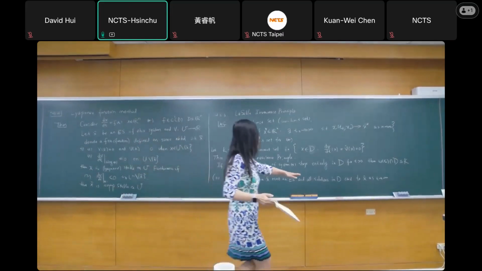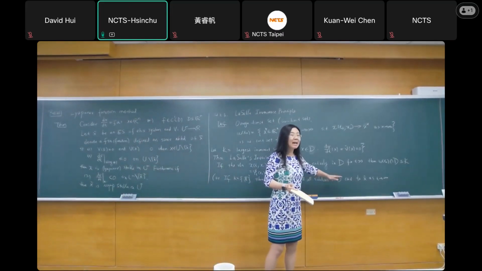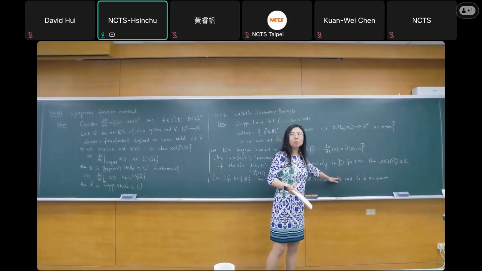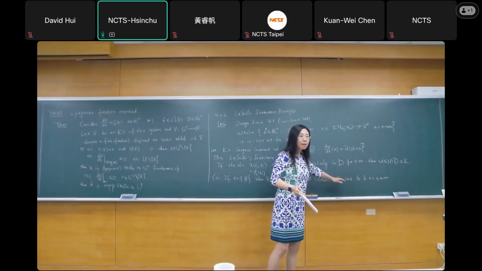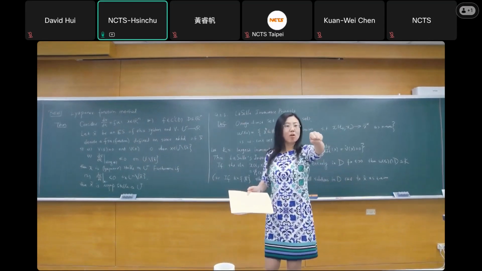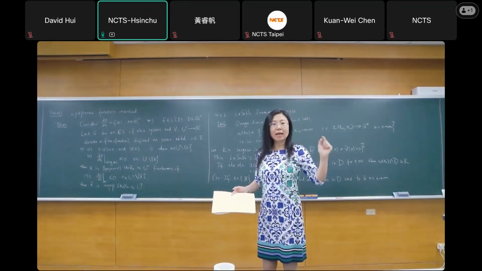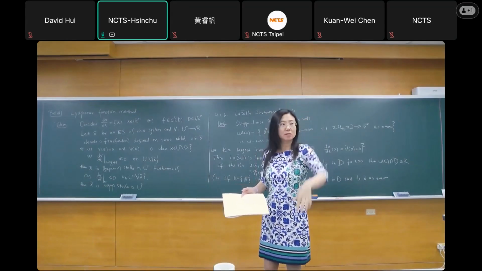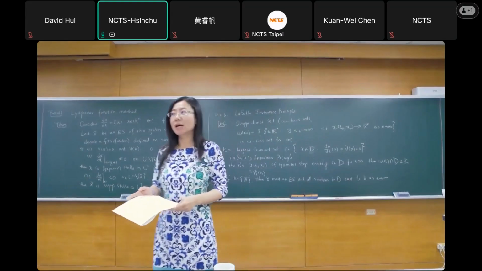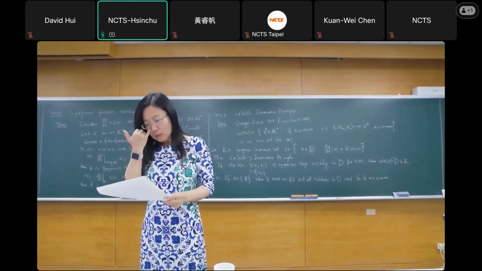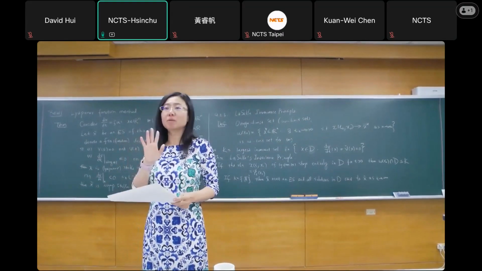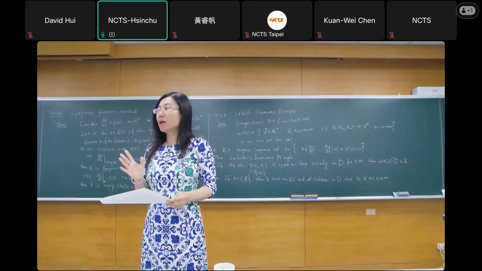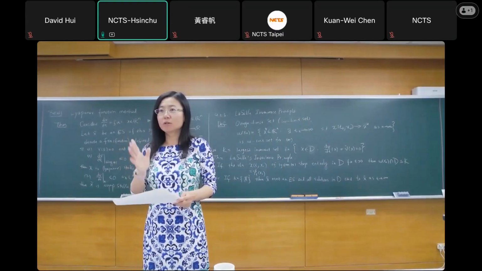What I'm saying, this is not sufficient to tell X bar is globally asymptotically stable in D. You have to know locally, if you're getting close to something, that doesn't mean this is GAS.